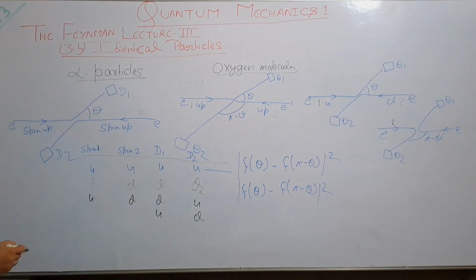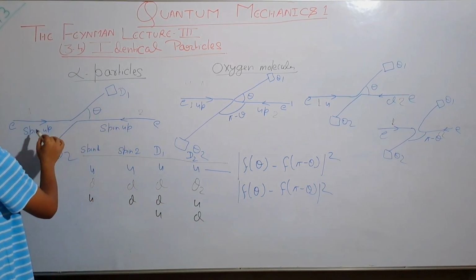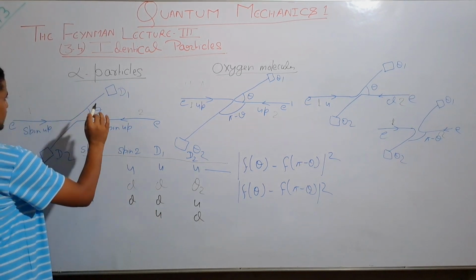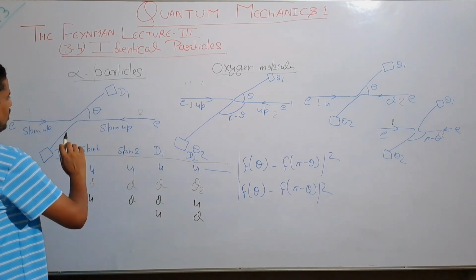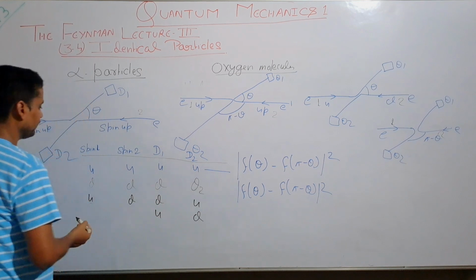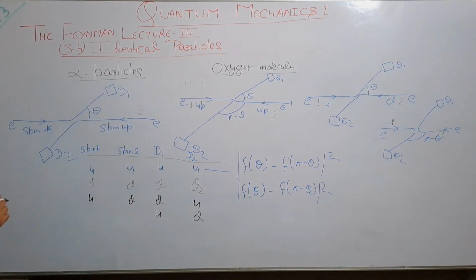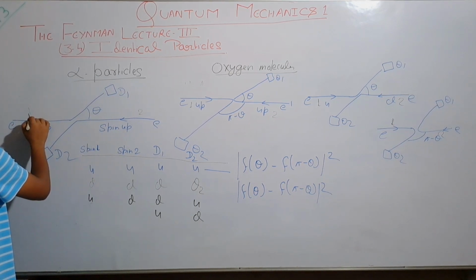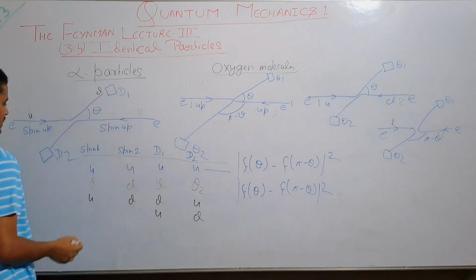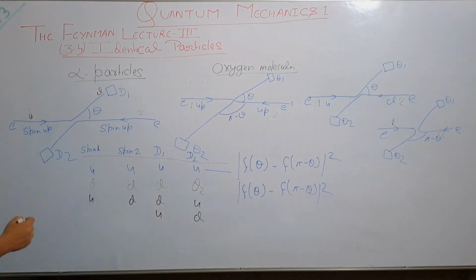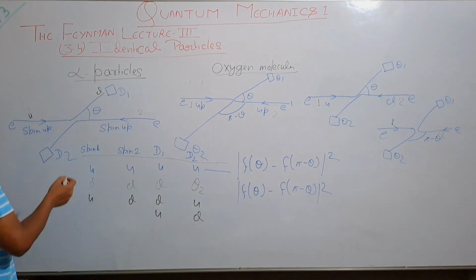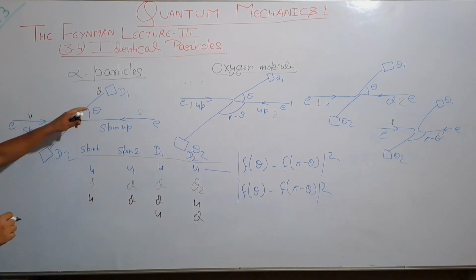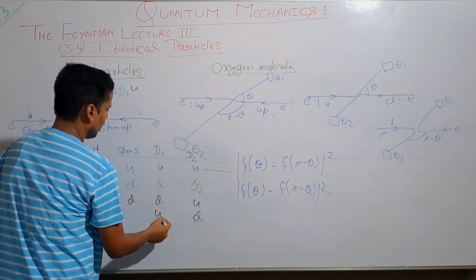It means the spin of the electron at D1 is down and the spin of the electron at D2 is up. There is a change of spin after the collision, because electron 1 had spin up and after that it has become down, and this is the first case. In the second case there is no change: the spin of the electron before the collision was up, and after that it was also up. So down up or up down.